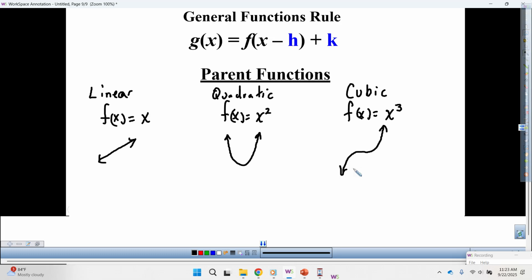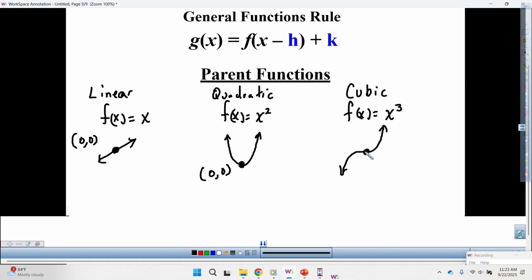Now let me show you what all 3 of them have in common. All 3 of them have this point in common. Put a point there. That point is 0, 0. This one, that point is 0, 0.